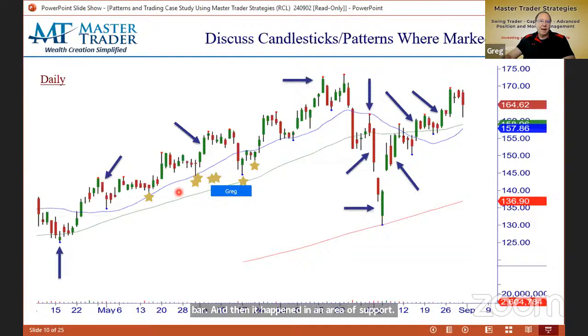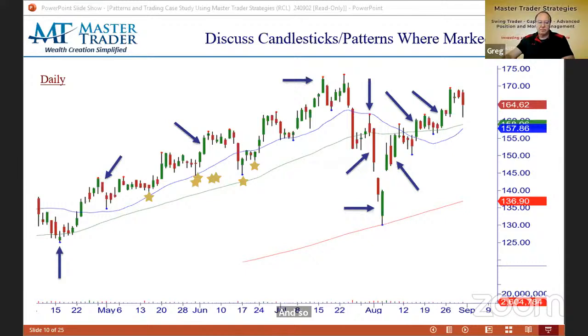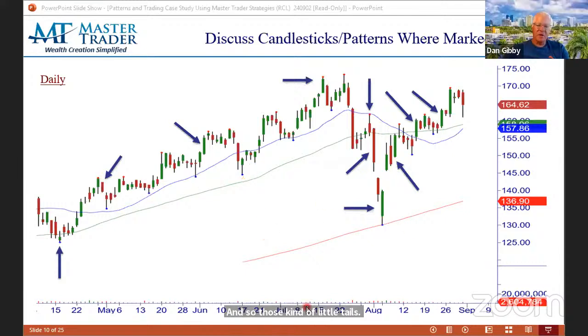So that one is more obvious, whereas those violate 2 bars lows. That one violated 6 bars lows, 8 bars lows, whatever. And so those kind of little tails are even more powerful. Correct.